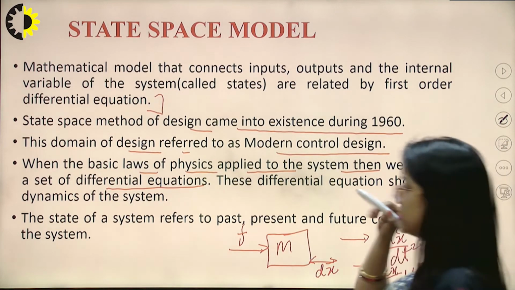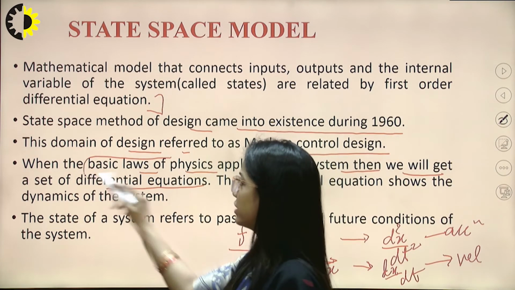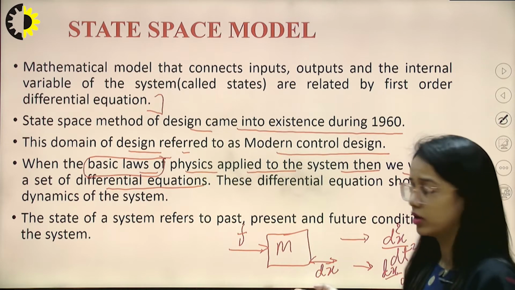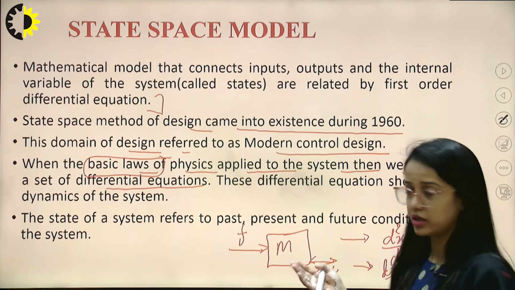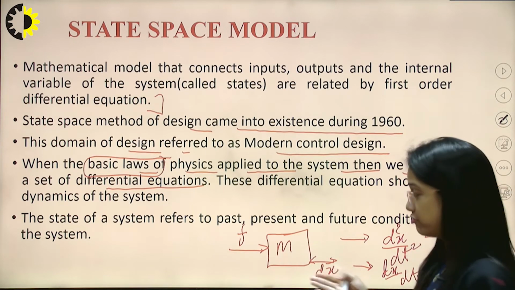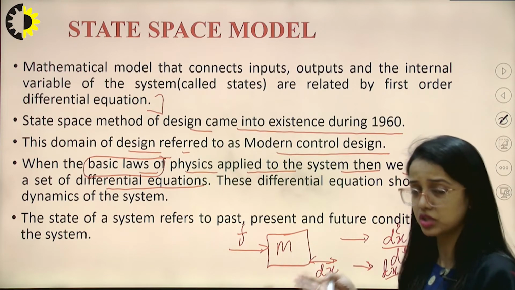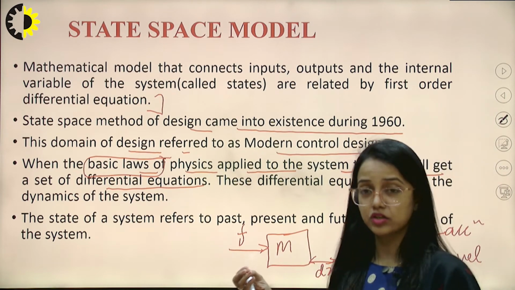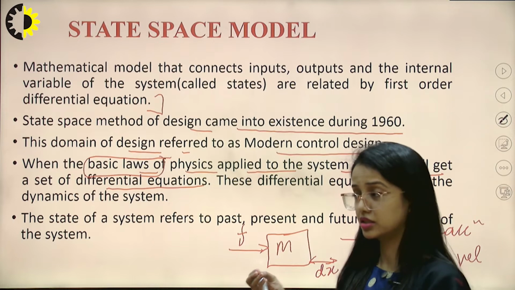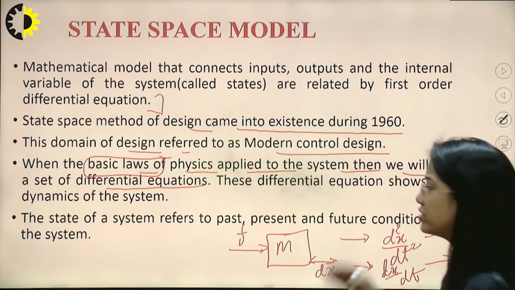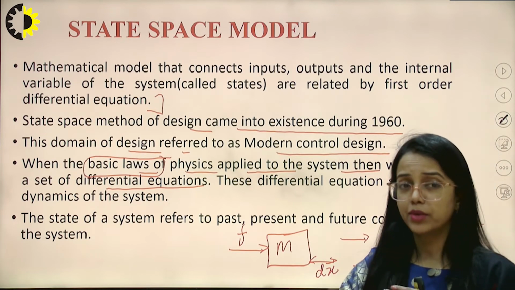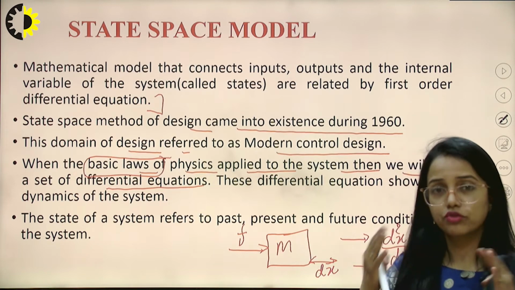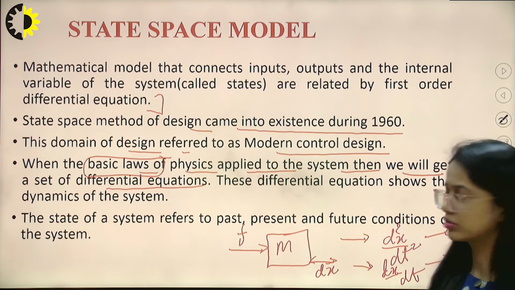So these are the basic laws. What have I done? I have applied some basic physics laws on mass m. Applying force on mass m will result in some displacement dx, and as a result of some velocity, there will be some acceleration and some displacement. So when we apply this basic understanding of the laws of physics, we get some equations.